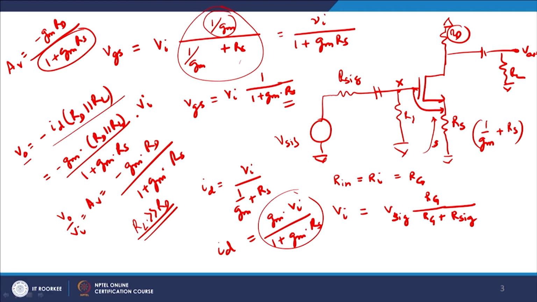But the interesting part, as I discussed earlier, is that the presence of Rs provides negative feedback and stabilizes it. So though your gain falls, your bandwidth increases, because the gain bandwidth product is always fixed for a system. That is the advantage of having this resistance available.